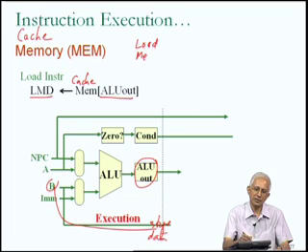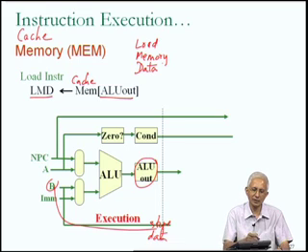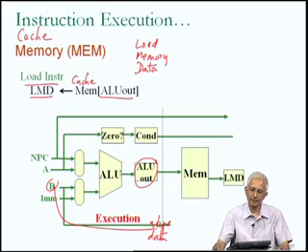So it is a special purpose register which contains the value which has been read out of memory or cache memory for subsequent storing into the destination register of the load instruction. So hence we show that the ALU output goes to the cache memory, and from the cache memory the data comes into a special purpose register called the load memory data register.